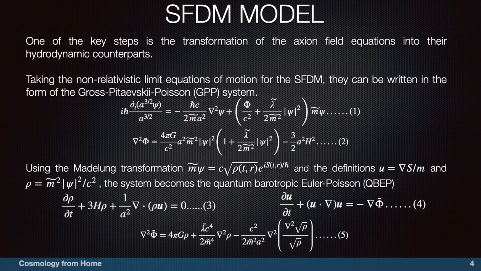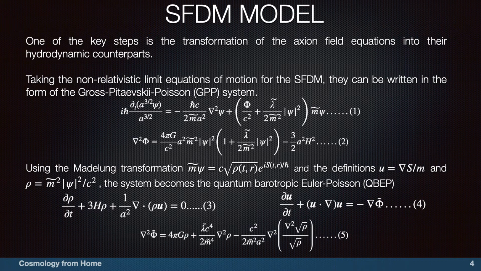So, we take these two equations and use the Madelung transformation, where the wave function is related to the density field and the velocity field. With this, we obtain a fluid-like system, which we can see in equations 3, 4, and 5.